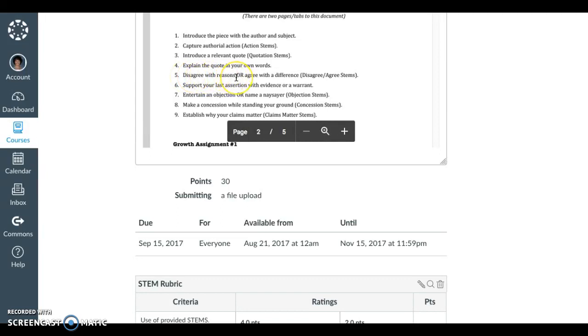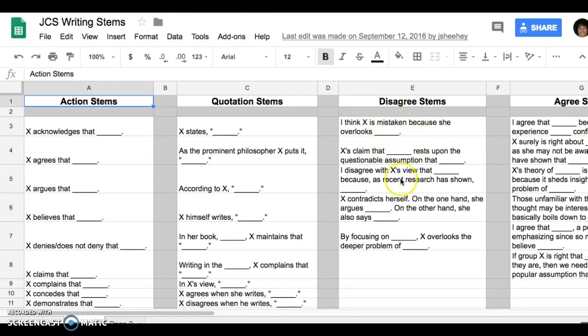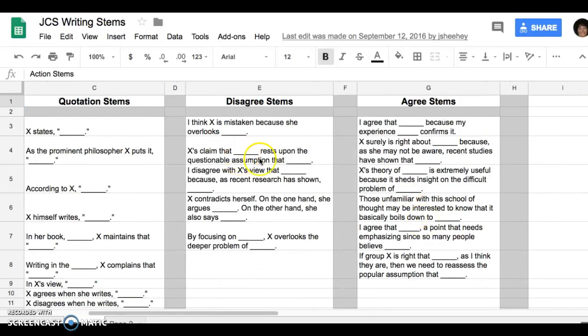Then you will disagree with reasons why you disagree, or you will agree with a difference. I agree, however, maybe put more support or whatever difference, what you disagree. And again, you will go to the disagree stems or the agree stems. So this one you'll be choosing between the disagree and the agree.